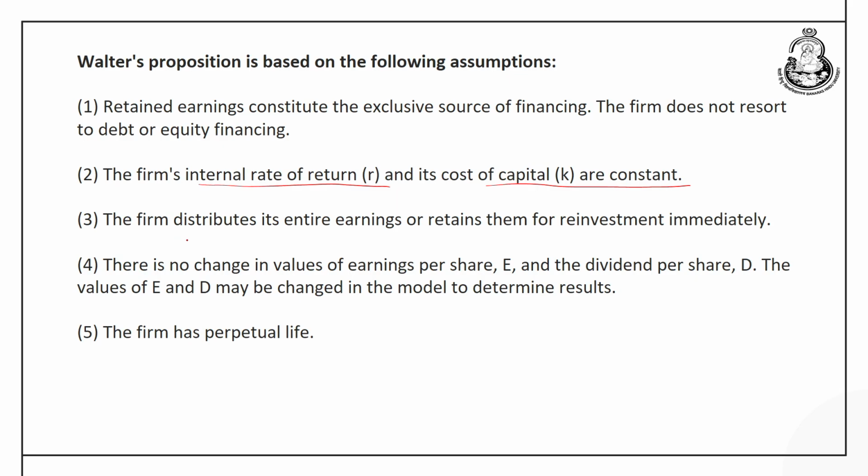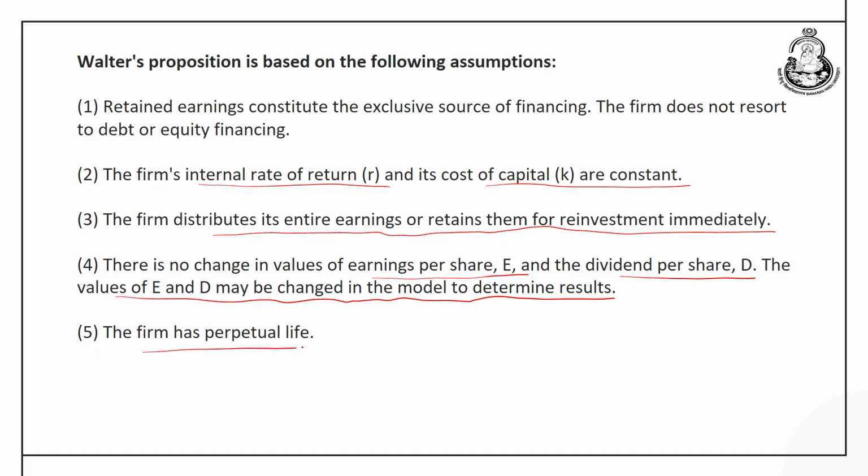Third, the firm distributes its entire earnings or retains them for reinvestment immediately, and there is no change in the value of earnings per share, that is E, and also the dividend per share, that is D. The values of E and D may be changed only in the model to determine the various results in different scenarios. And finally, the firm also has a perpetual life.